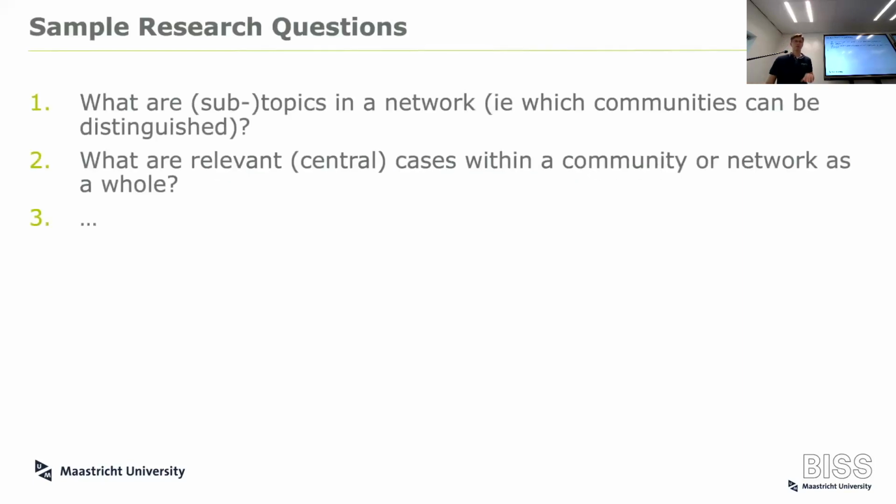There are many purposes of network analysis, but what we commonly use it for, especially with students but also in basic legal research, is: what are the subtopics in a network? What kind of subtopics can we distinguish in a certain network of precedents? And then also, what are the central cases within the network as a whole or within certain clusters that we identify?